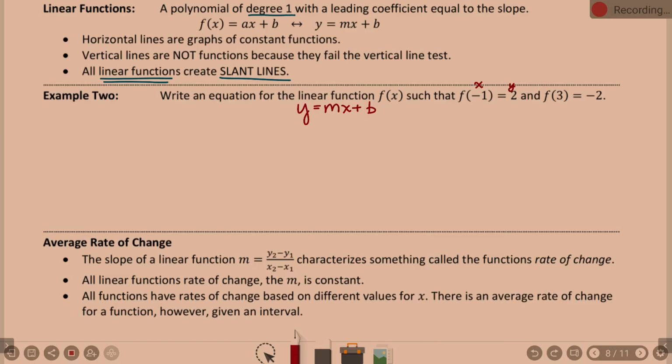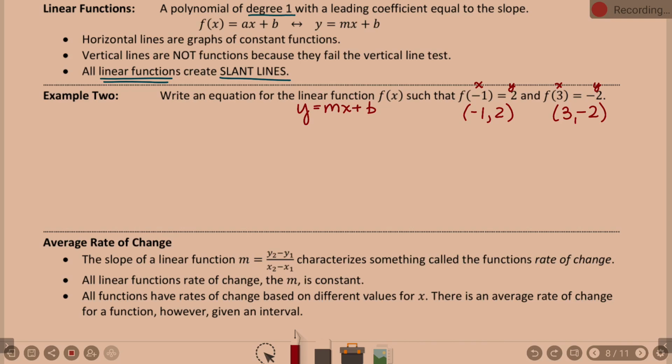So f of negative 1 equals 2 is the ordered pair negative 1 comma 2. f of 3 equals negative 2: the x is 3, the y is negative 2. We have two ordered pairs, yes?